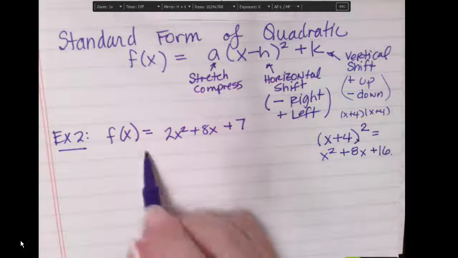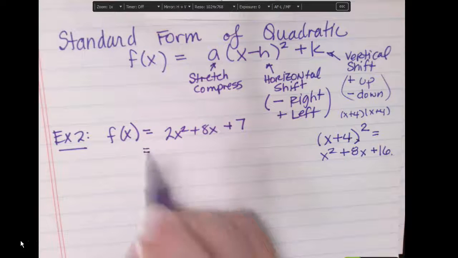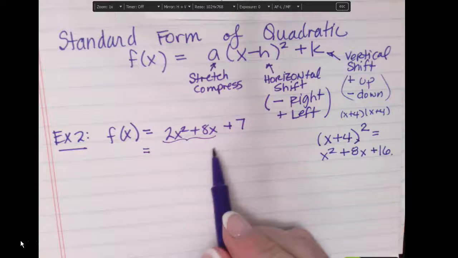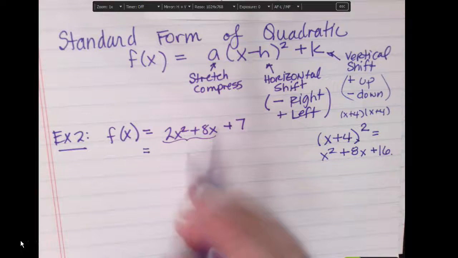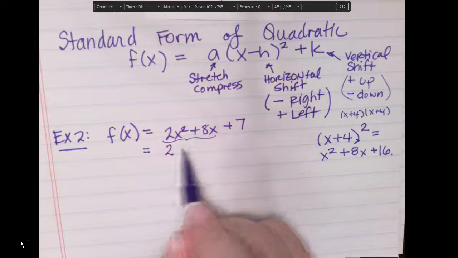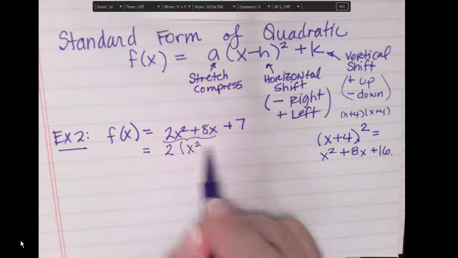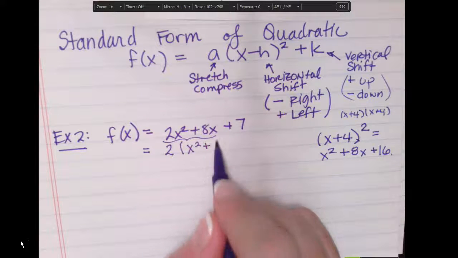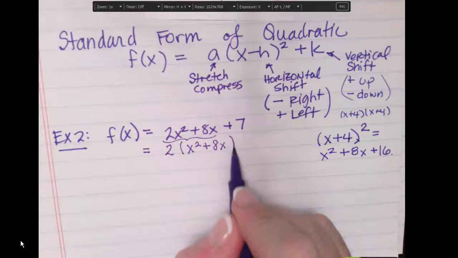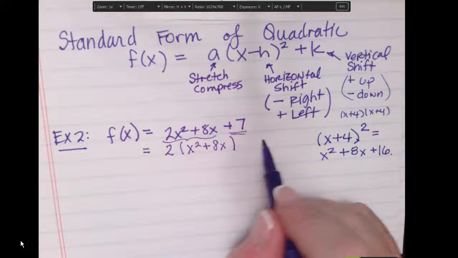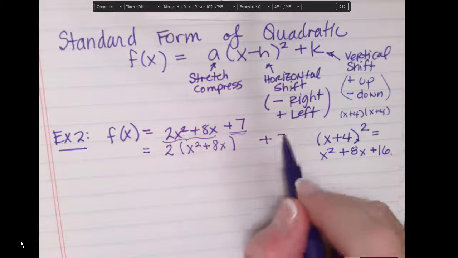So in order to do that, number one, we need to focus on these first two terms and get our leading coefficient to be just x squared. So I'm going to factor out a 2. And then I'm going to take this constant term and move it out of the way for a minute.